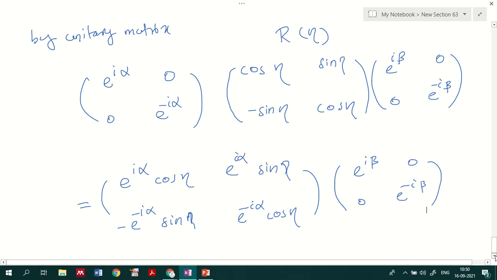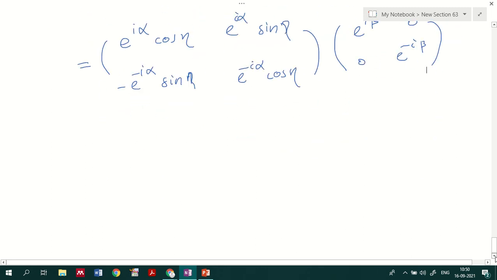Now from this we can form the SU(2) matrix.